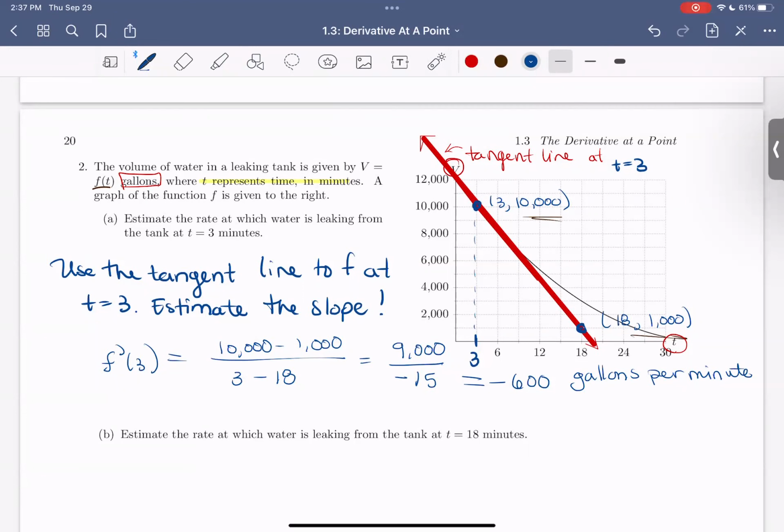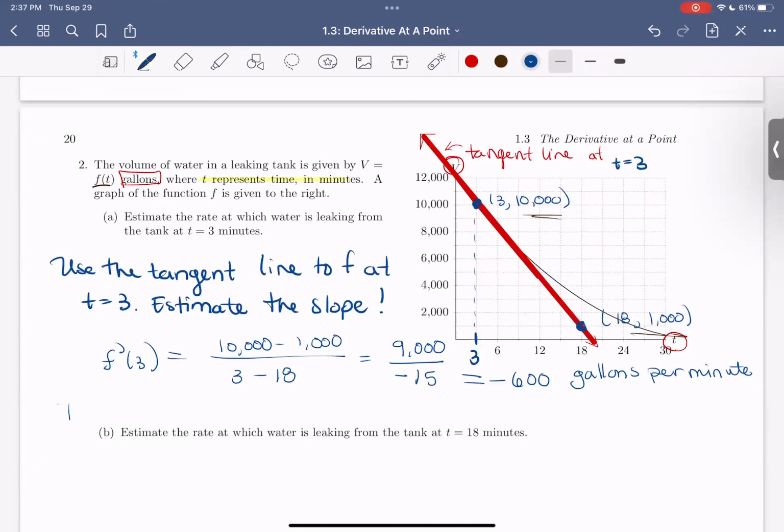And if we want to write a sentence to summarize, we'd say the tank is leaking. And we know it's leaking because the volume is going down and my rate of change of water in the tank is negative. So we're losing water each minute. So the tank is leaking at a rate of 600 gallons per minute.